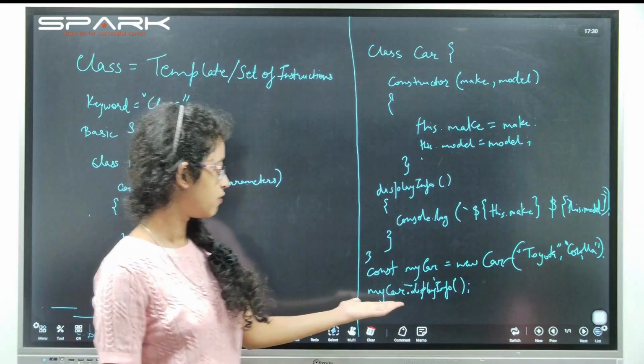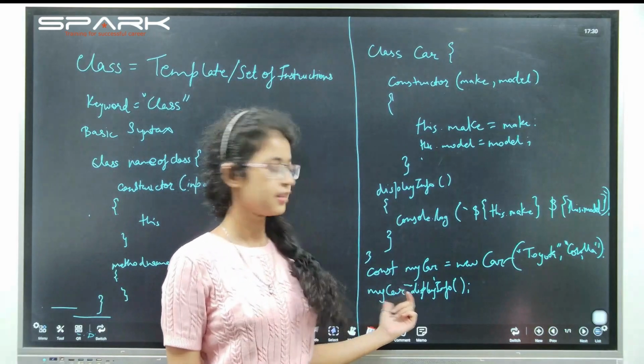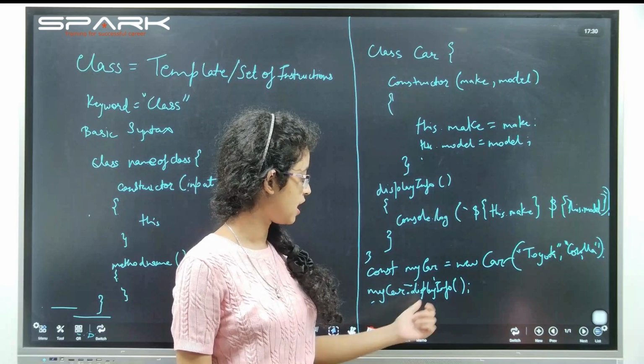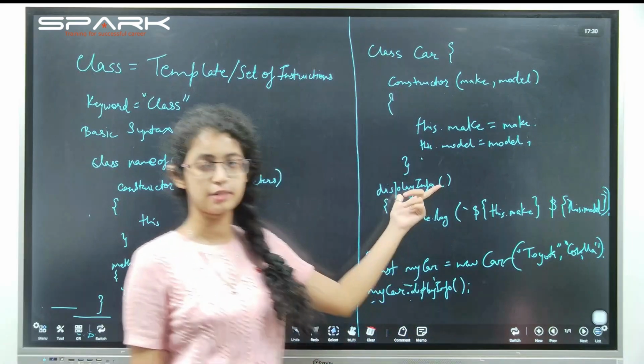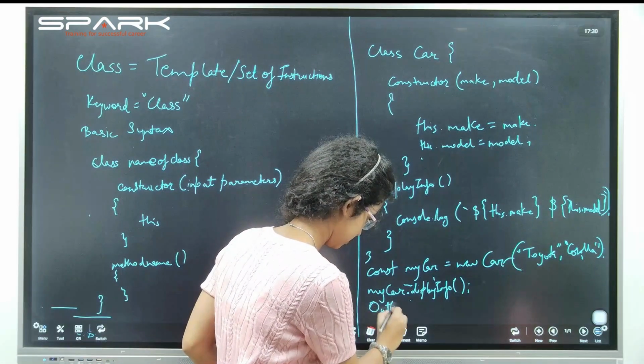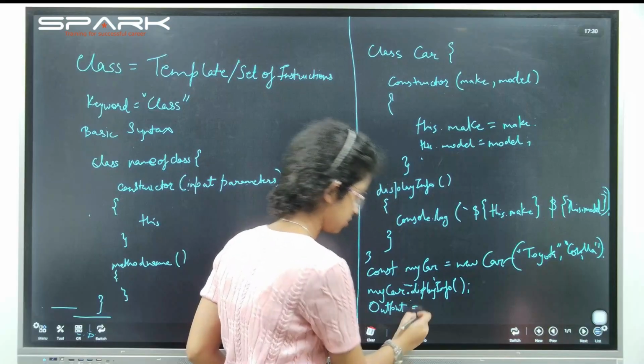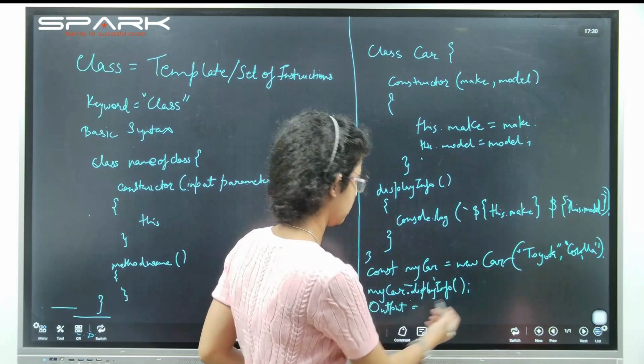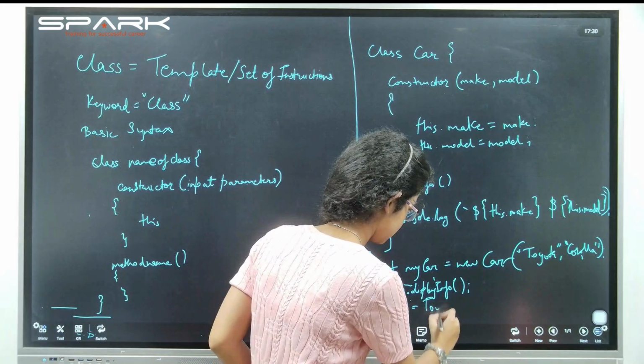Basically, I've used the object, and by using this object I've called the method displayInfo, and its output would be Toyota and Corolla, like this.